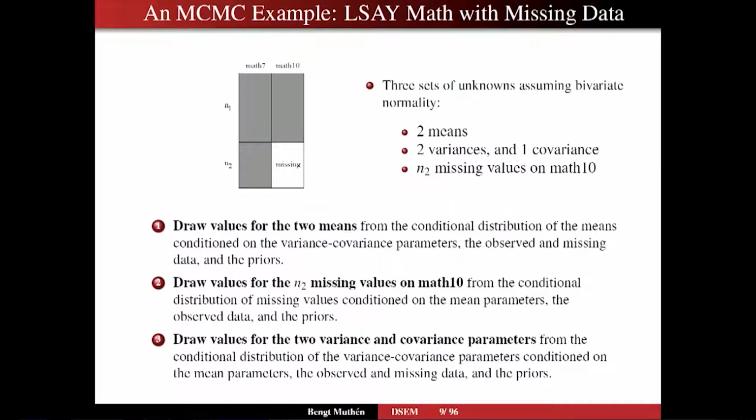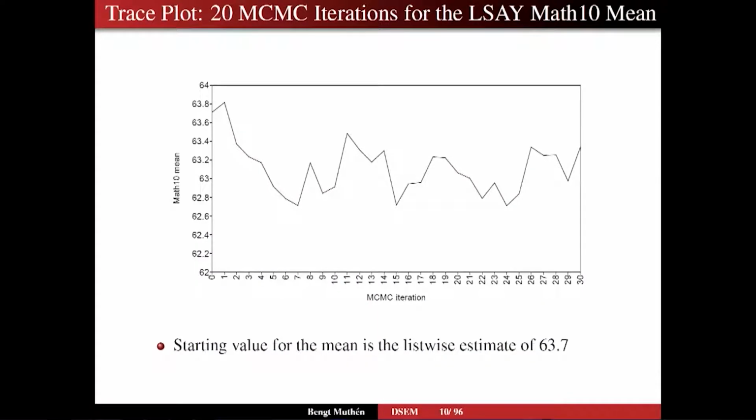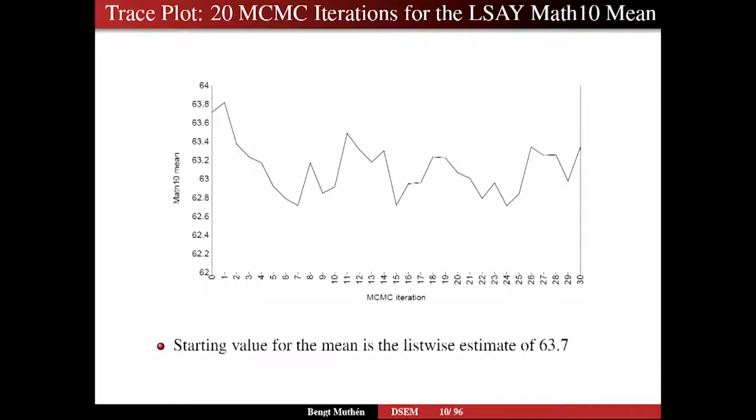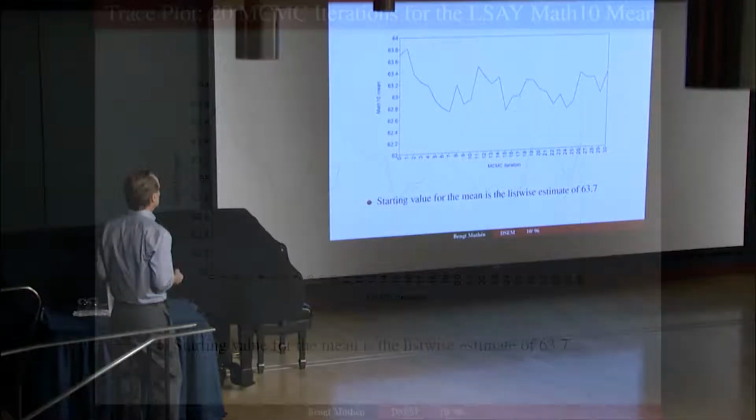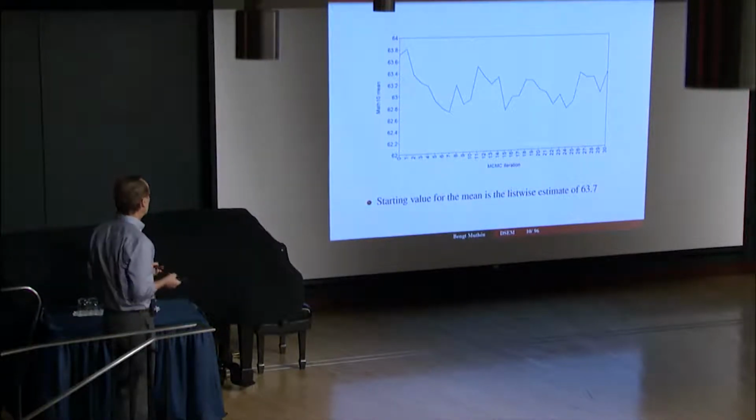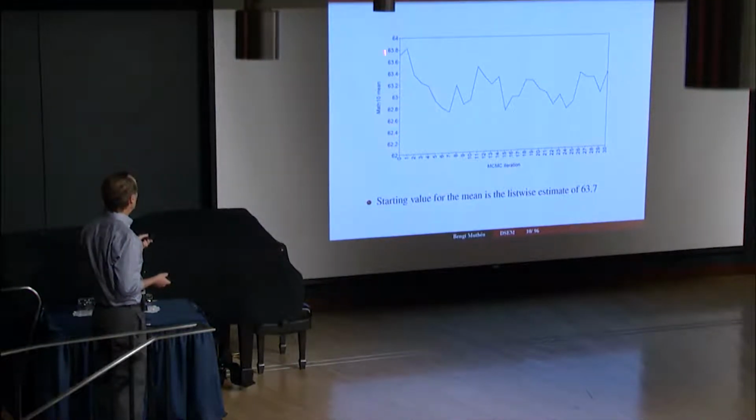So it's random draws, and here's what it looks like when you draw. It's described in a trace plot. On the x-axis we have the iterations, which eventually, over there on the right somewhere, converge. And I'm going to tell you what I mean by converge. On the y-axis we have one parameter, the mean for Math 10 that we're trying to estimate.